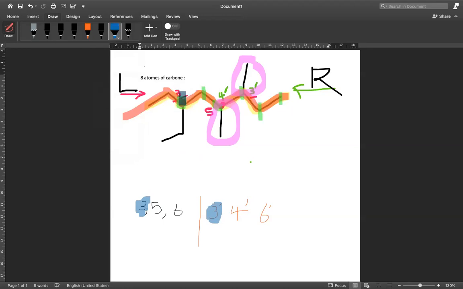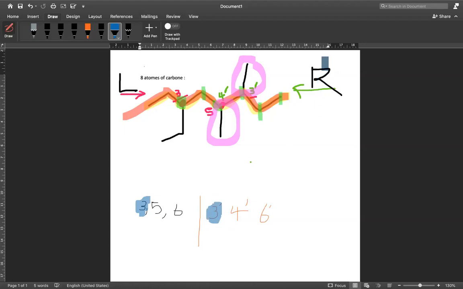Okay, this is position number 3. We have a substituent there. At position number 5, we have another substituent there. At position number 6, we have another substituent there. Then we also consider looking at it on the other side, from the right hand side. From the right hand side, we have at position number 3 prime. To just differentiate the 2, I've used prime and the other one without the prime.